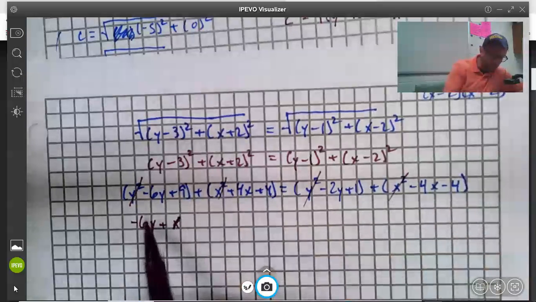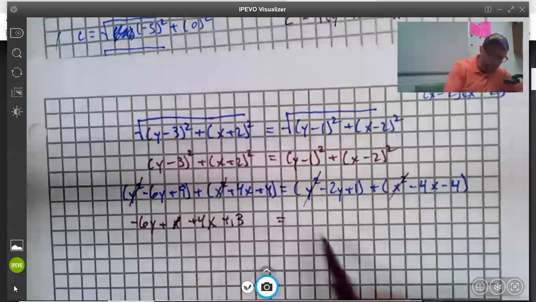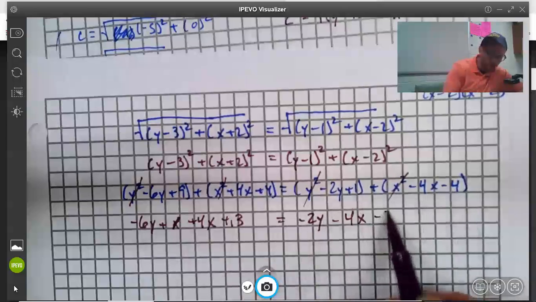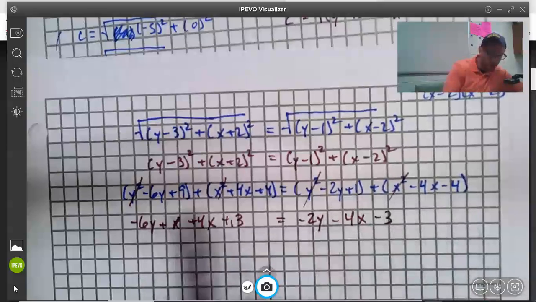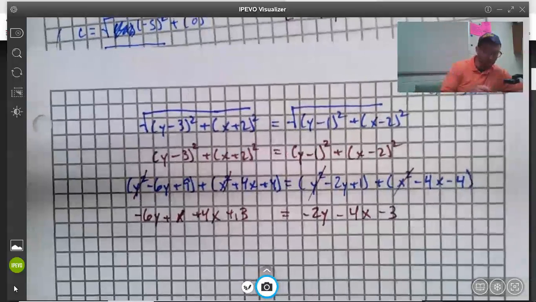So negative 6y plus 4x plus 13 equals negative 2y minus 4x minus 3 overall. The reason I could just cross off the x squared is I have one on each side, so I'm just subtracting them without actually showing all the work.